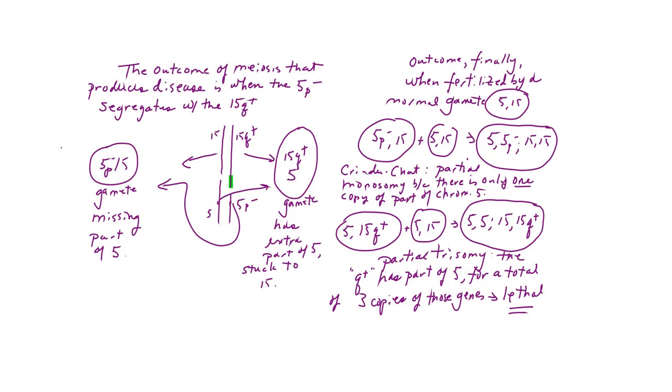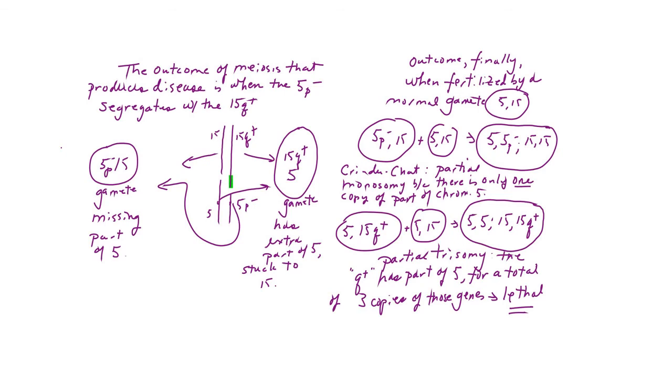Now that q plus represents extra 5 information, so that individual has 3 copies of that end of chromosome 5 that was stuck onto the q plus. It turns out that that's lethal, not, as maybe you'd expect, partial trisomy for this small part of chromosome 5. Those children are not born, and that's a lethal event.